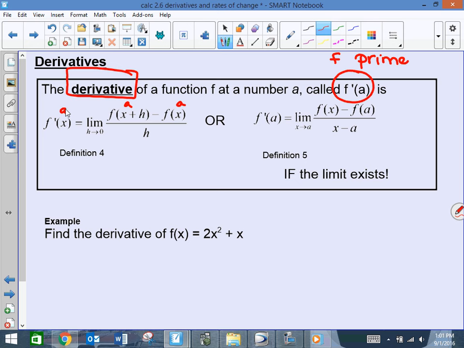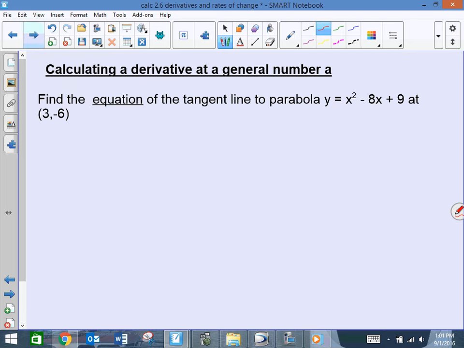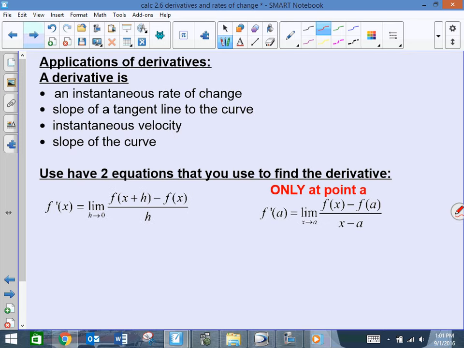Its name is f prime. If I called Caitlin something else, she would correct me, because that's not her name. You can't call f prime f, because they're 2 different things. So be careful.